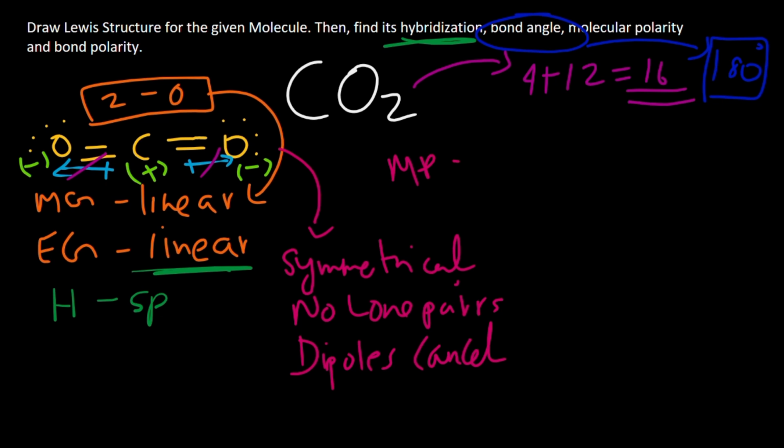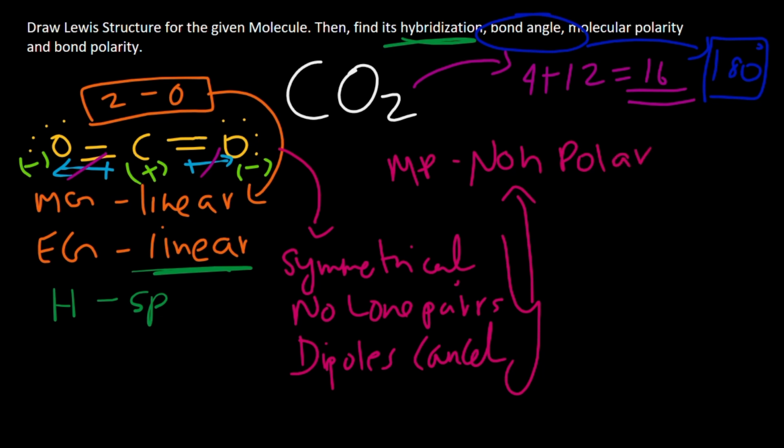From this, what you can conclude is that the molecule is non-polar, because remember, a molecule is non-polar only if the Lewis structure is symmetrical, it has no lone pairs, the dipoles cancel, and the net dipole moment is zero. Here we have no dipoles left, everything got cancelled, so we can finally conclude that it is a non-polar molecule.